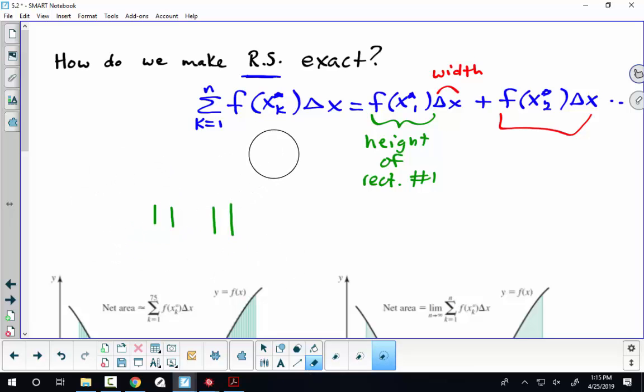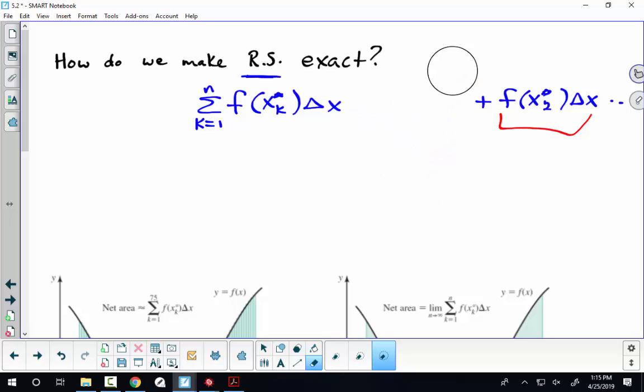Okay, so that's our Riemann sum. Again, that gives us an approximation to the area. And so how would we make that exact? It's sort of alluded to down below. If I put in 50 rectangles, I got a decent approximation. If I put in 1,000, I've got an even better approximation. If I put in 1,000,000, even better.